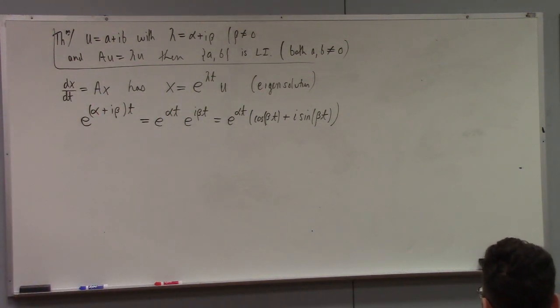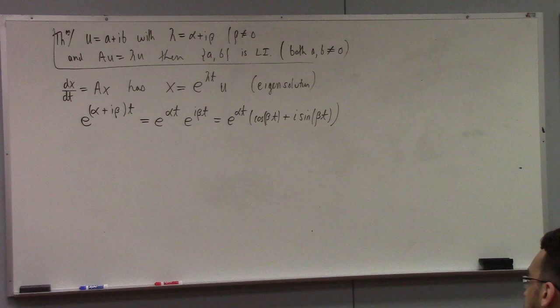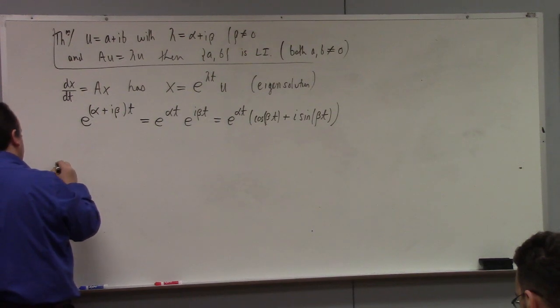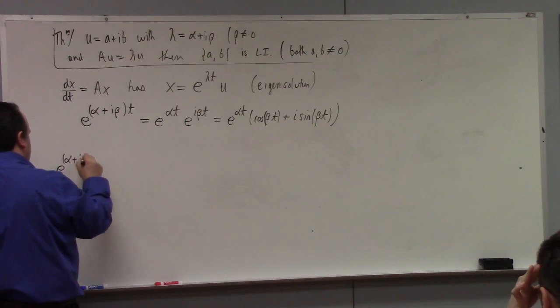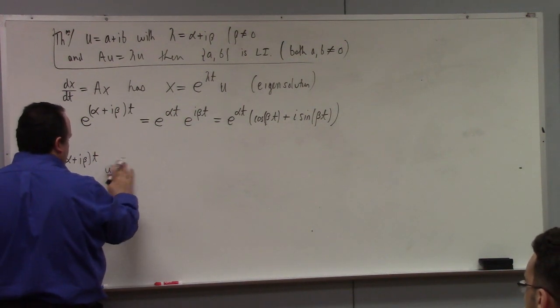Maybe you derived it in calculus too, maybe you didn't, but this is something that's true and important to know about. So a complex exponential is a product of an ordinary exponential and a sum of sines and cosines as appropriate.